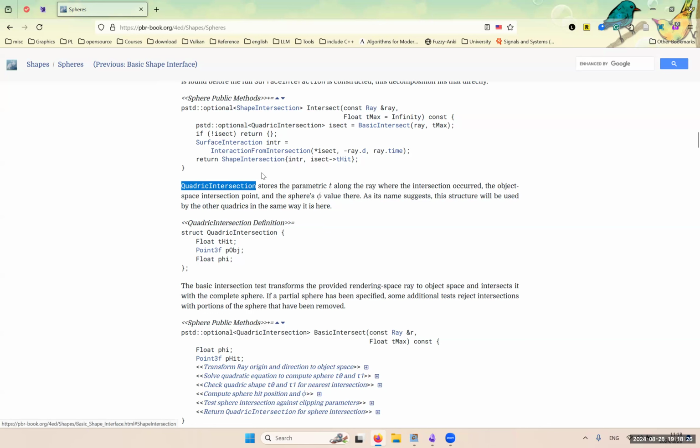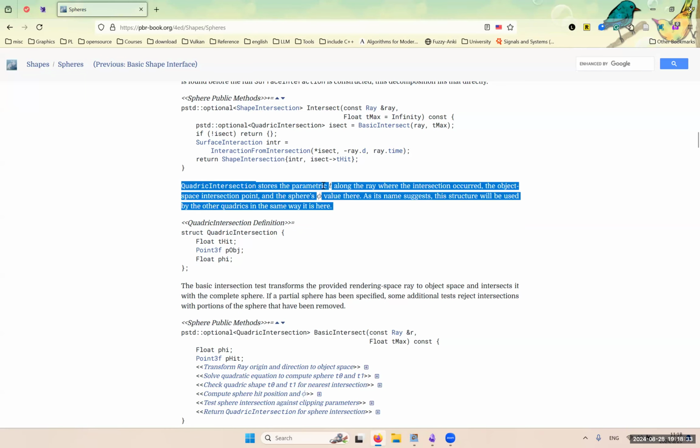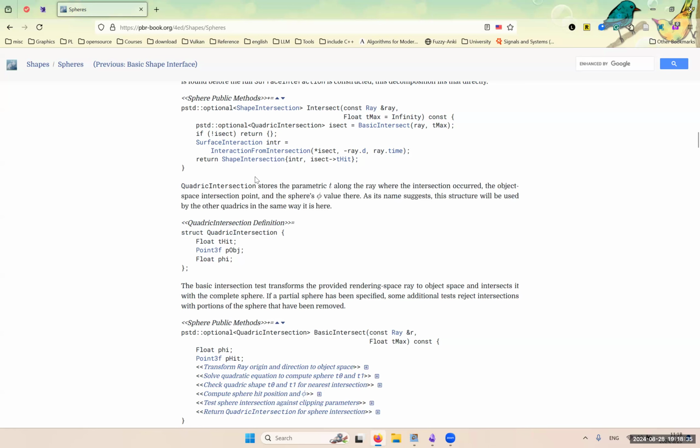A quadric intersection stores a parameter t along the ray, the object space intersection point, and the sphere's phi value there.